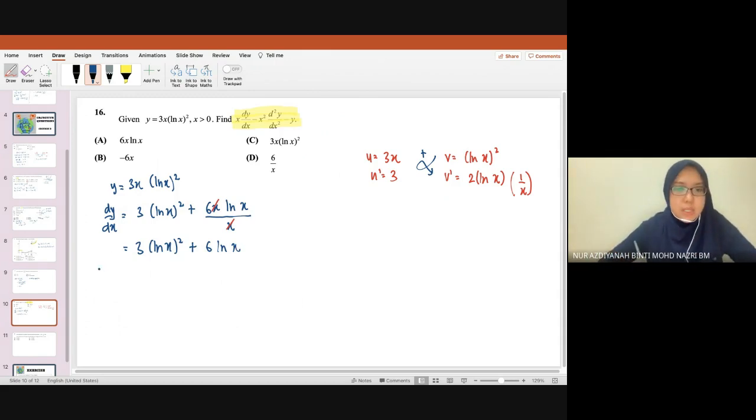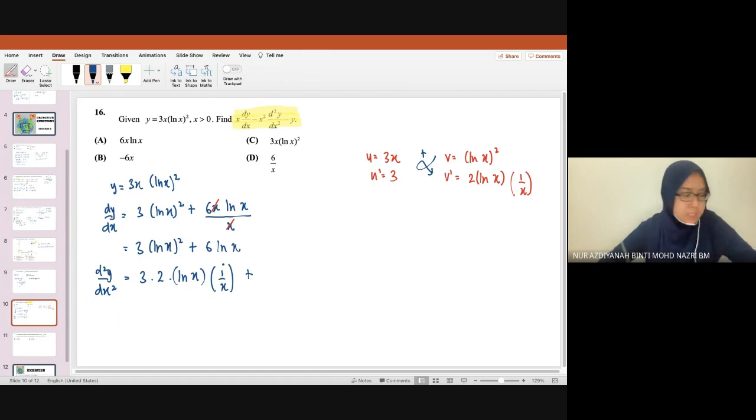Okay, so second derivative d square y over dx square, differentiate this all again. Okay, so 3, this one guna power rule, darab dengan 2, darab dengan ln x, and then we have to differentiate this in the bracket. Okay, so darab dengan 1 over x.